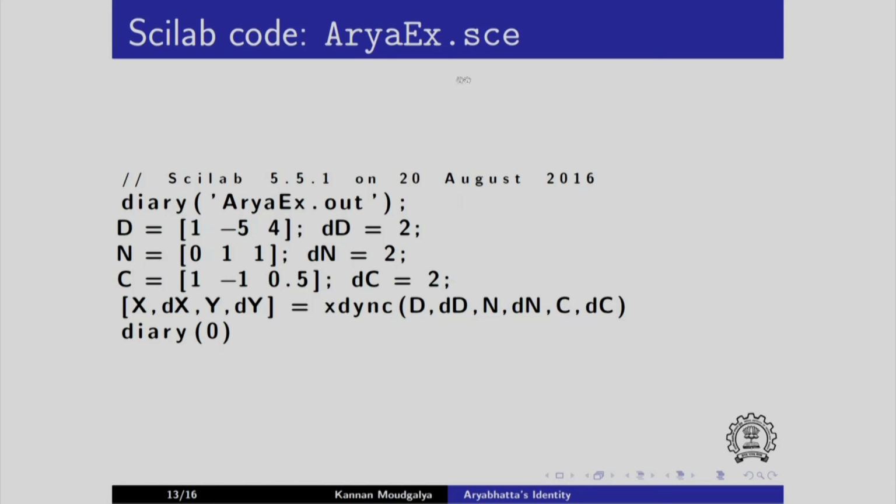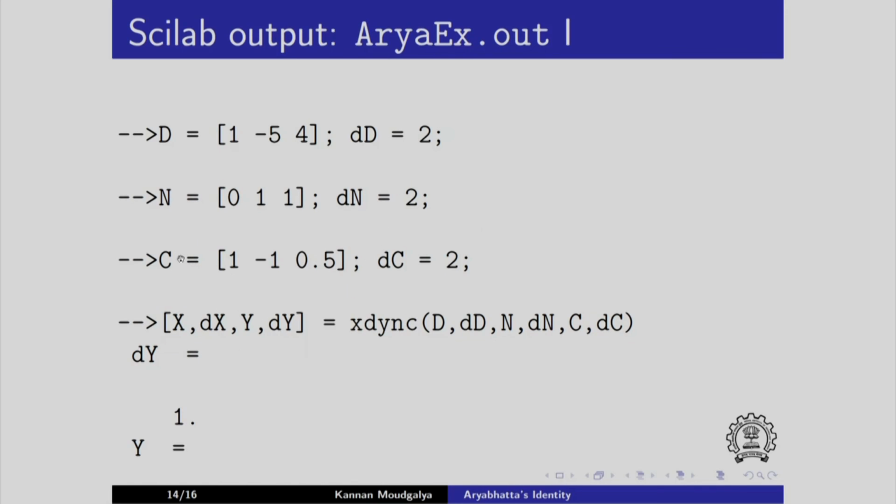Here is the Scilab code ariaex.sce, d and c are given and x and y are solved using this polynomial equation solver x dy nc, and we write the output into this diary ariax.out. Here is the output.